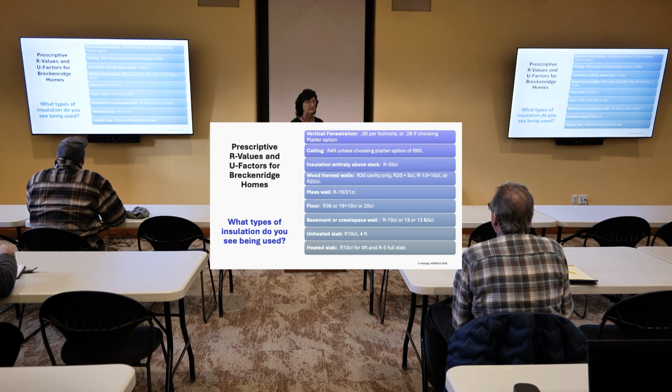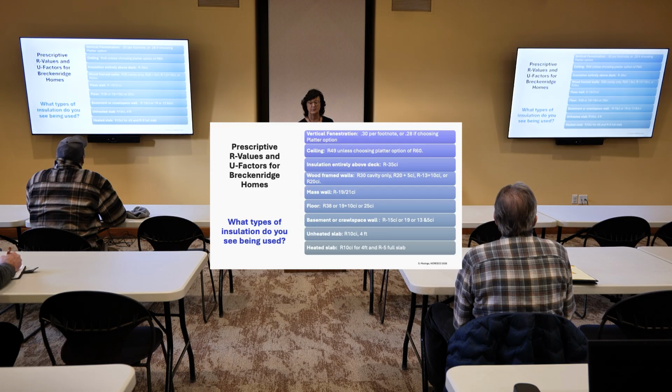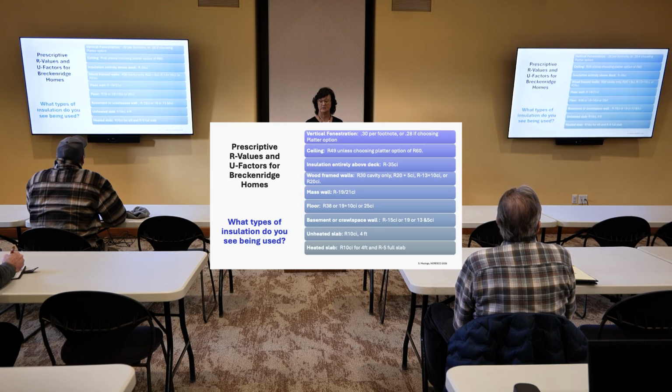That'd be an R35 continuous. Wood framed walls, prescriptively an R30. If you just went cavity only, you might get that in a 2x6, but probably not. R20 plus 5, R13 plus 10, so that's the difference between a 2x6 and a 2x4, or an R20 just continuous. So those are the values that are in the code right now.